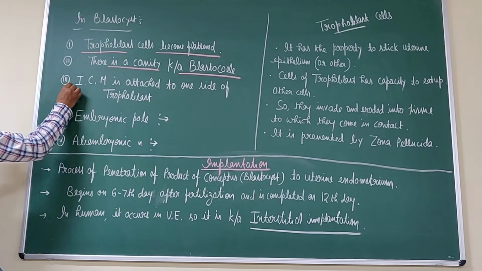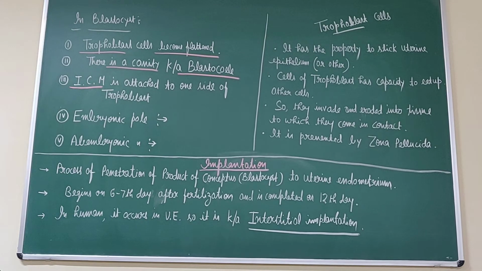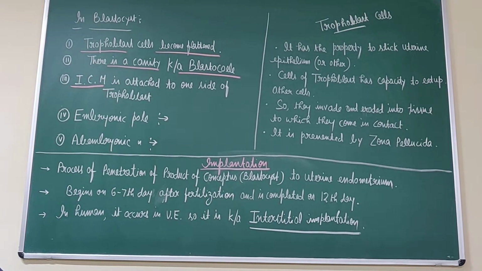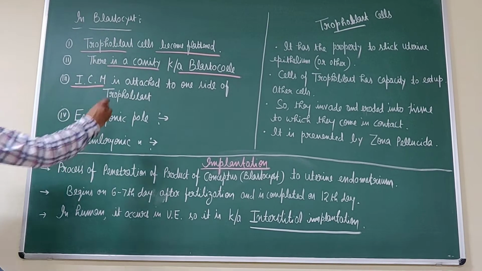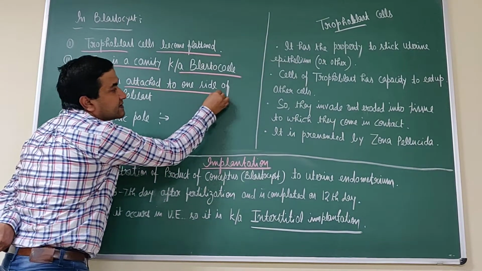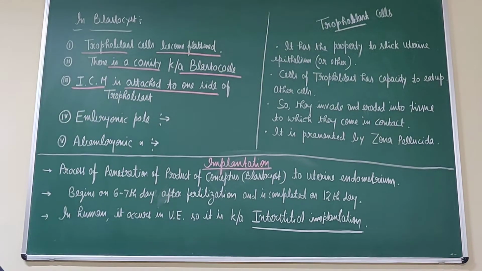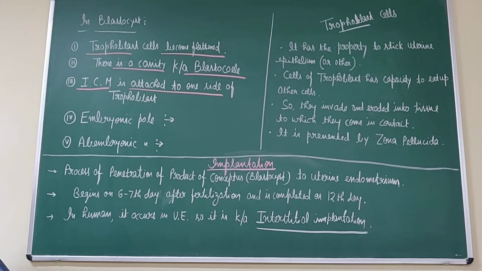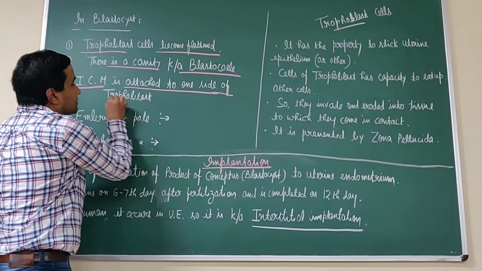Now the inner cell mass is separated from the trophoblast and is attached to one pole only of the trophoblast.